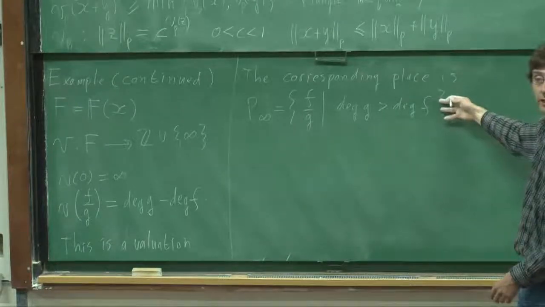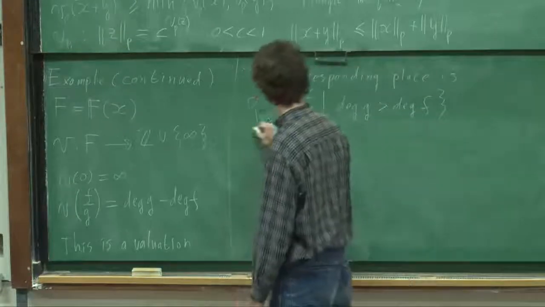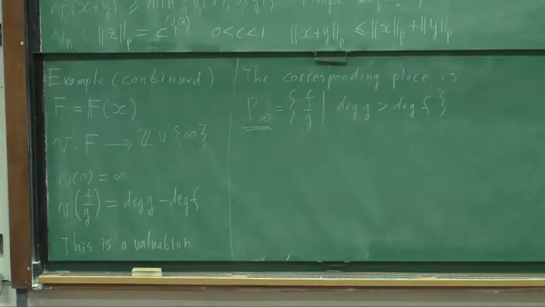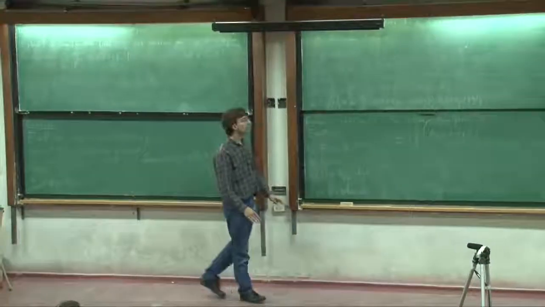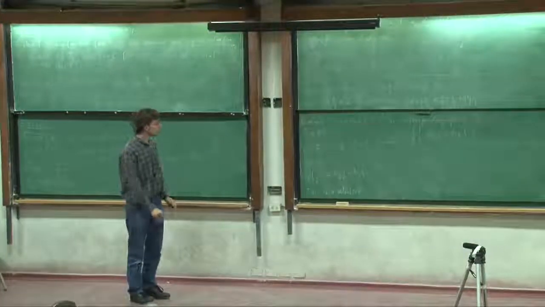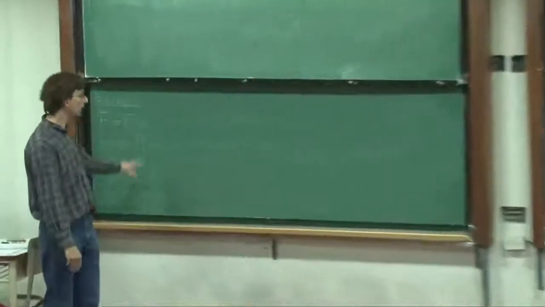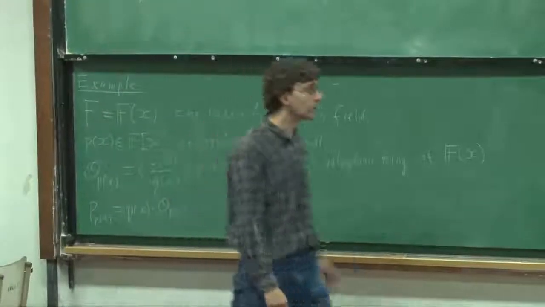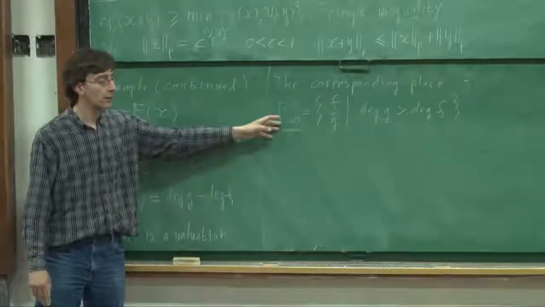And that's what I'm doing here for this particular example. So there's one more here, P infinity, and that completes the whole picture. This point of infinity on the projective line that was missing, it's this place here. And one can show that there are no more. So this is a complete description. You get ones from irreducible polynomials, and then one more, namely this P infinity, and there's nothing else.